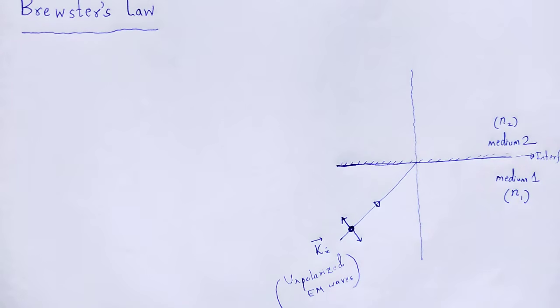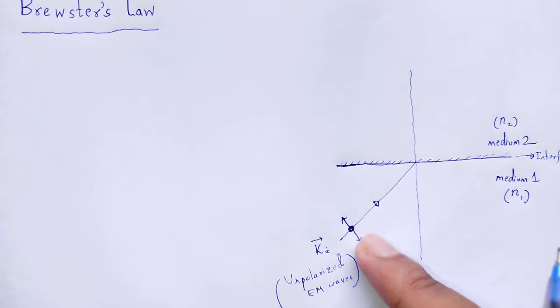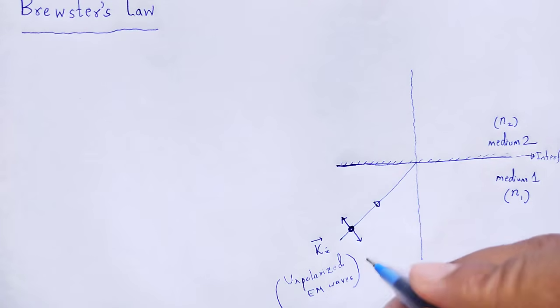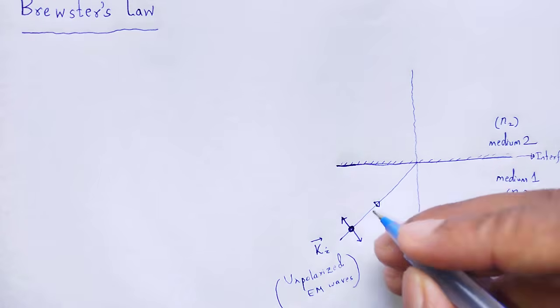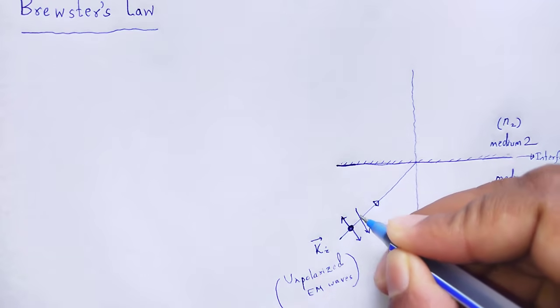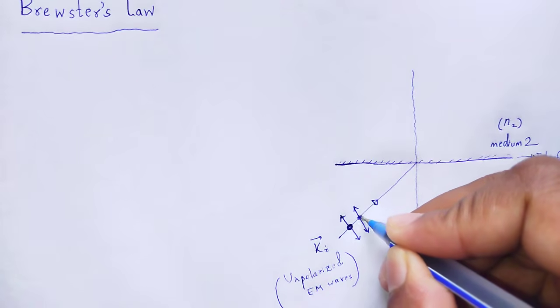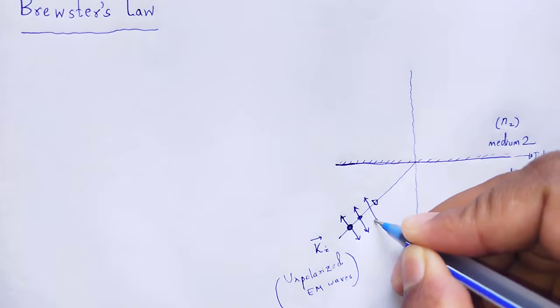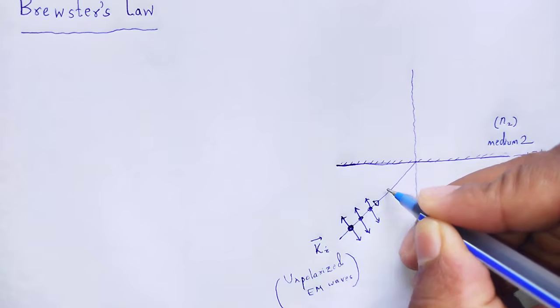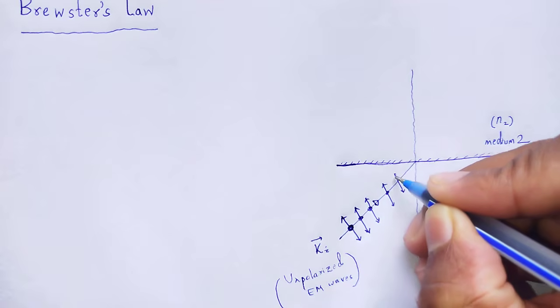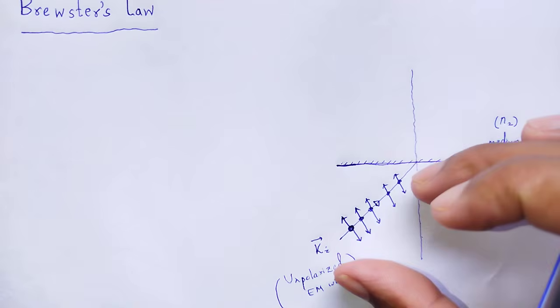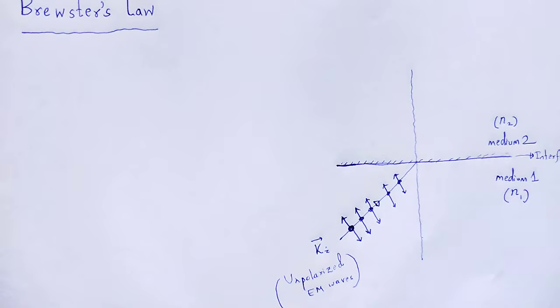This is the electric field component. One perpendicular to the plane of incidence, another parallel to the plane of incidence. This is nothing but unpolarized electromagnetic waves, with perpendicular as well as parallel components of the electric field.